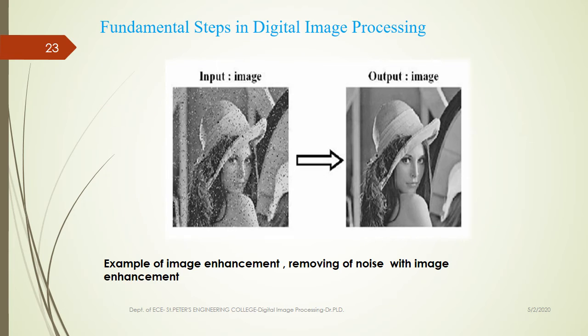Here is an example of how we observe enhancement results with the given input image. Image enhancement here removes the noise present in the input image. Here you can observe some noise, and that noise is removed through this enhancement process, giving the processed output image.